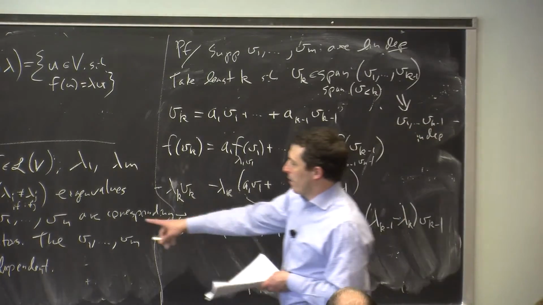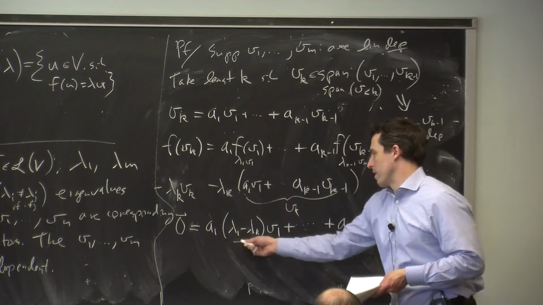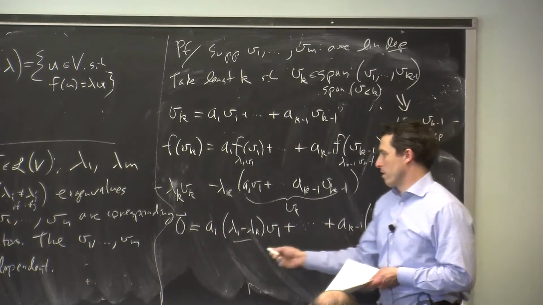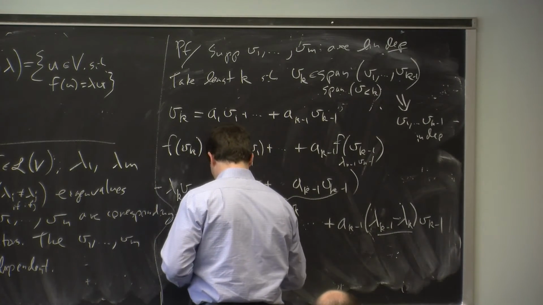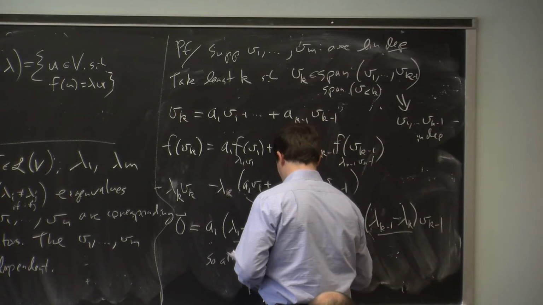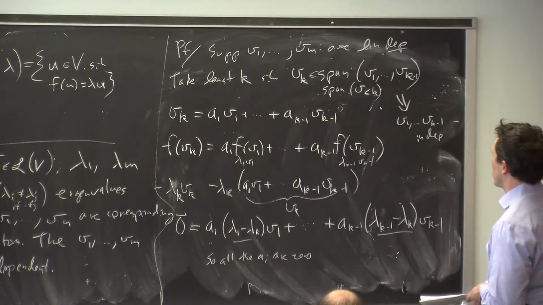But we assumed that the eigenvalues were distinct, so this thing is not 0. This is not 0. So it must be that all of these coefficients are 0. And so that's going to contradict the dependence.